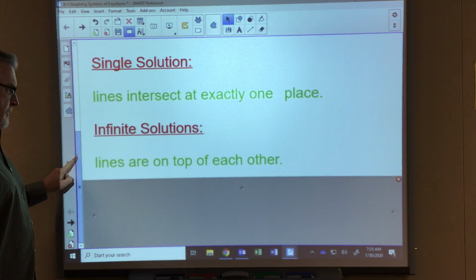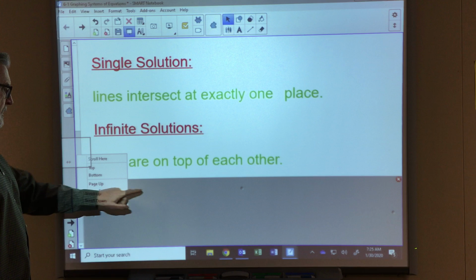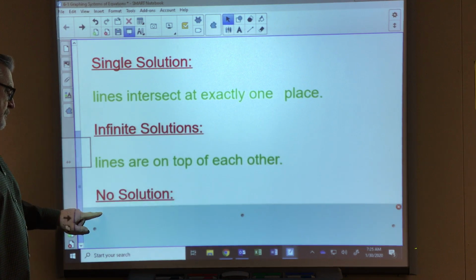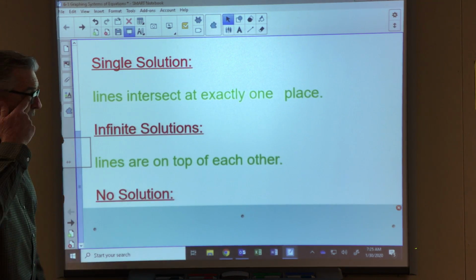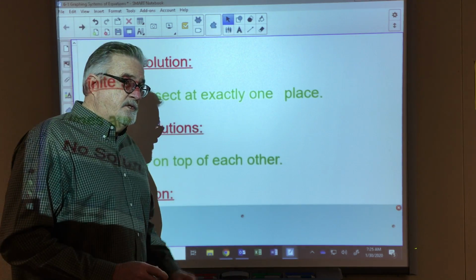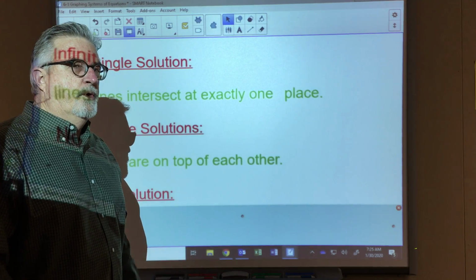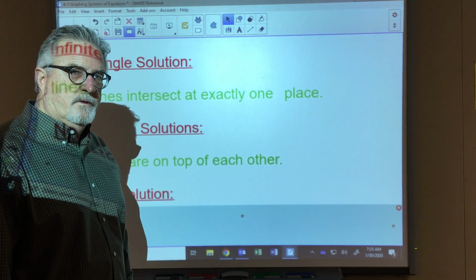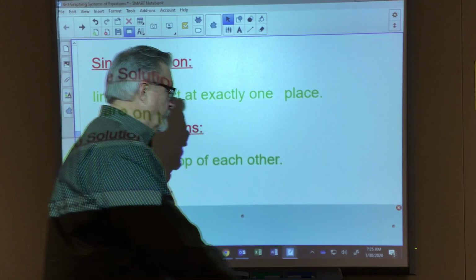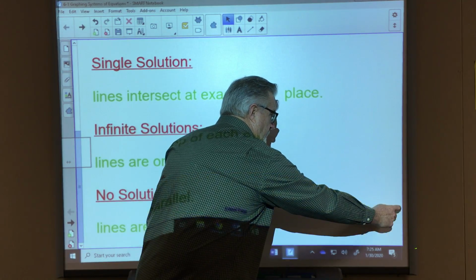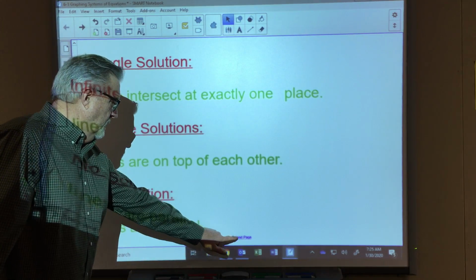Okay? The last type of solution would be no solution. All right? Can you think of a situation where you've got two lines on a coordinate plane and there is no point of intersection? What are those going to look like? You've got it. You know what they are. They're going to be parallel lines.